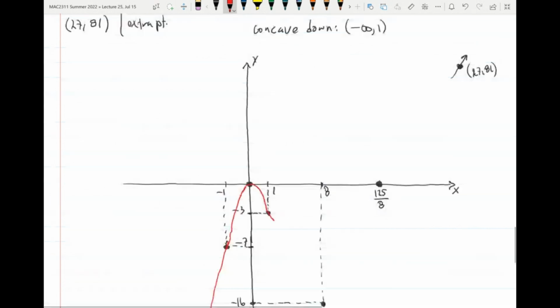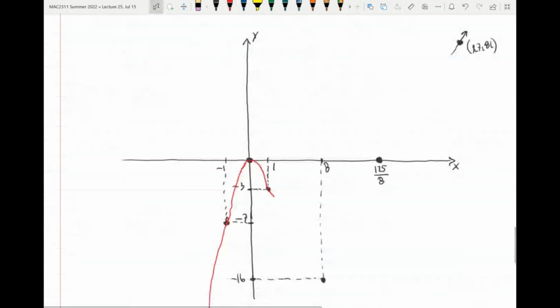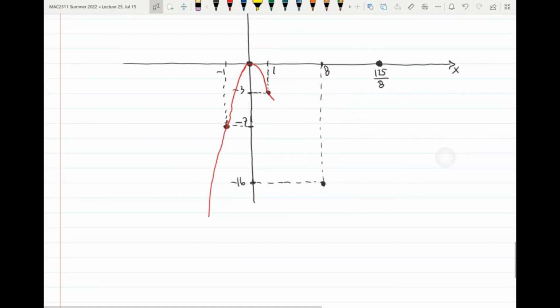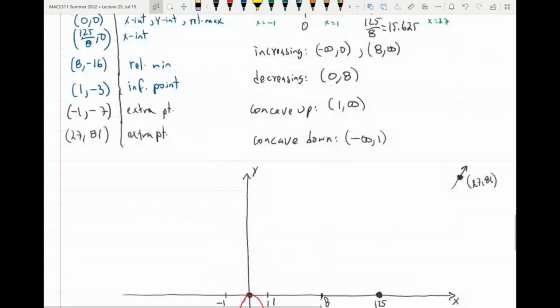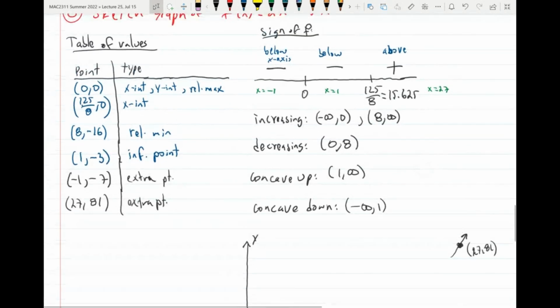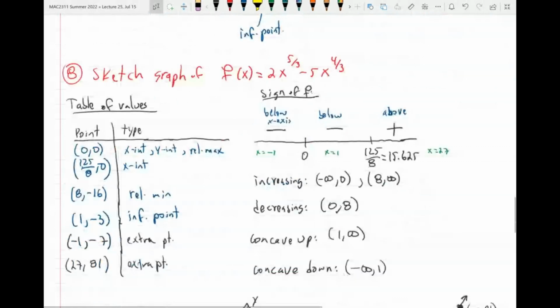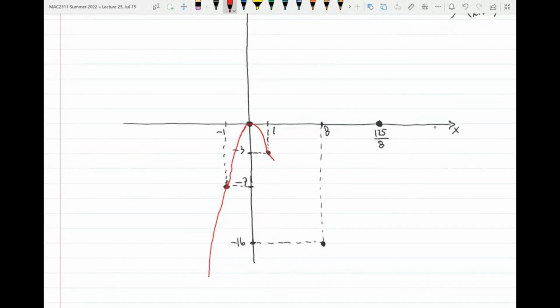Okay, so it changes to concave up, and then what happens at this point? We need to go all the way down to -16, 8 comma -16. That was a relative minimum, okay, and we need to do that in a concave up way all the time.